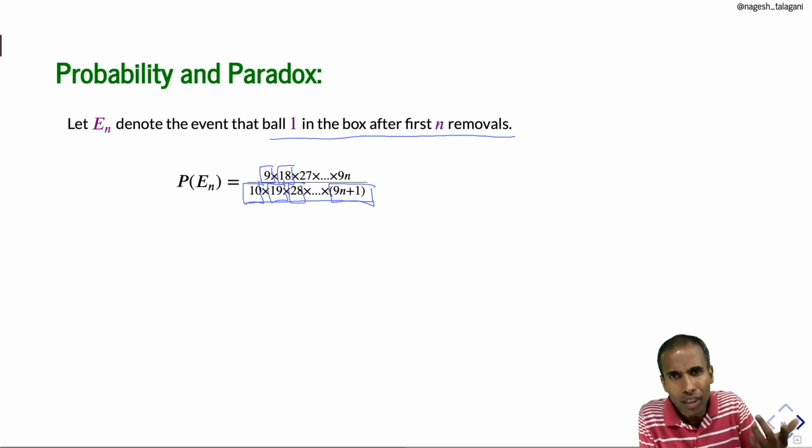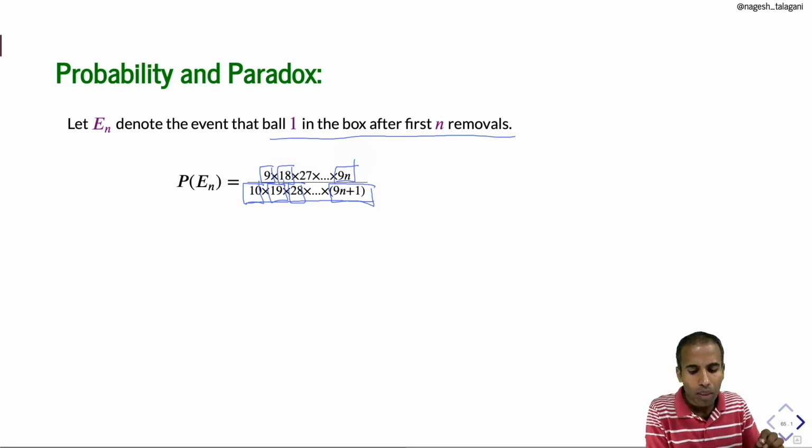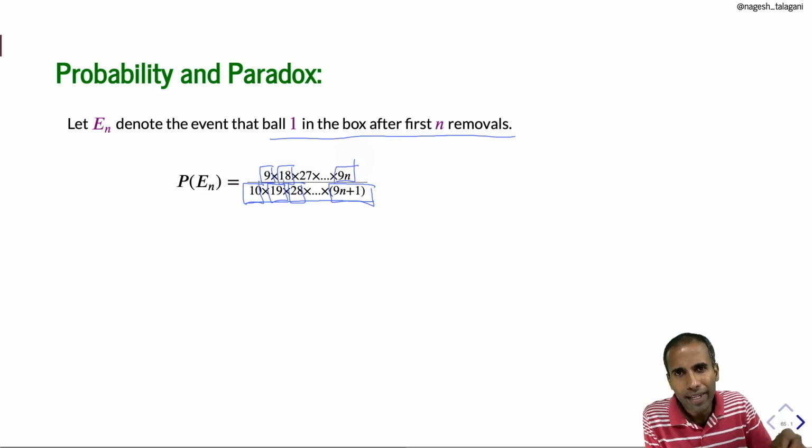At the nth removal, we have 9n plus 1 balls, one of which is ball 1, so we can remove any one of the 9n balls. So the number of ways these n removals can be done without touching ball 1 is 9 into 18 into 27 into so on up to 9n.